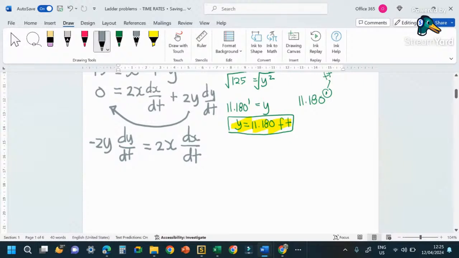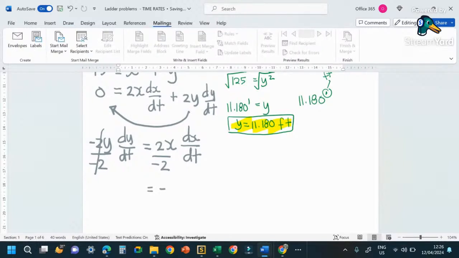If not, you can just divide both sides by -2. That cancels out, and the 2 cancels out as well. 2 divided by -2 is -1, or negative 1x, or simply x dx over dt.